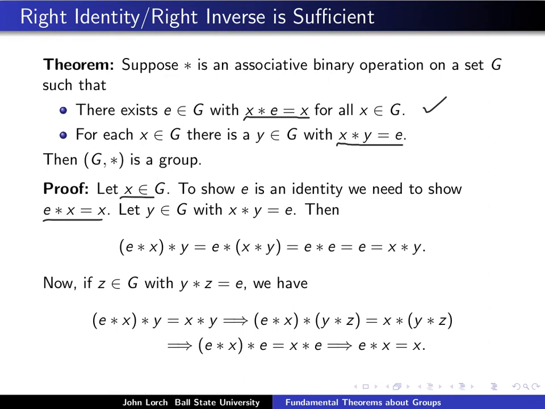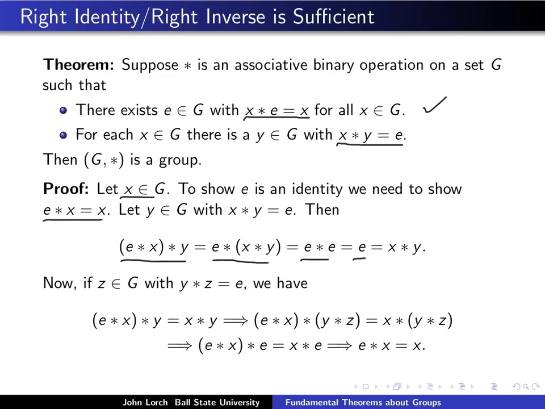And if x times y equals e, we can consider this expression, (e times x) times y. Using the associative property, we can group the x and y together. But x times y is equal to e, which is my right identity. e times e is going to be e.